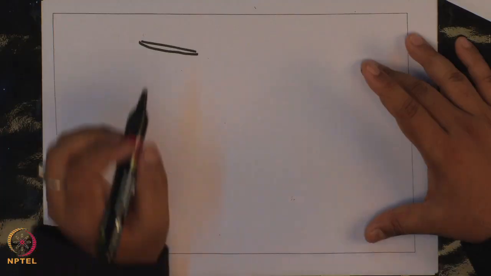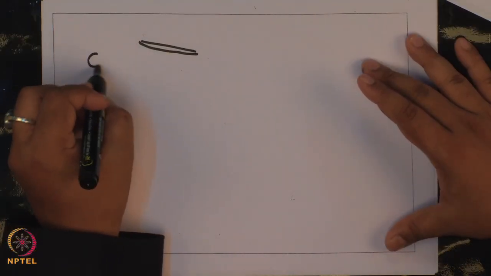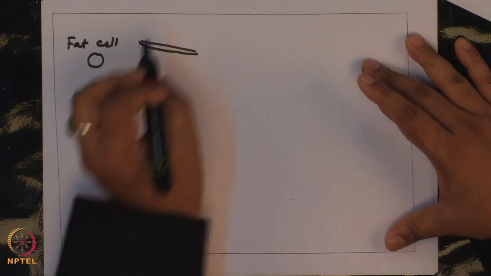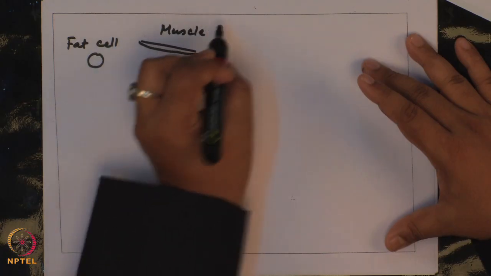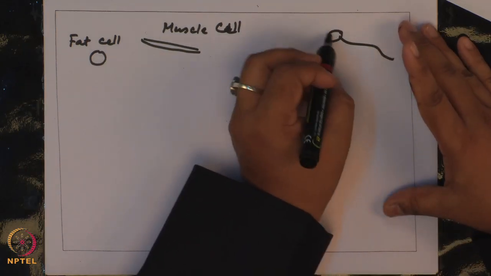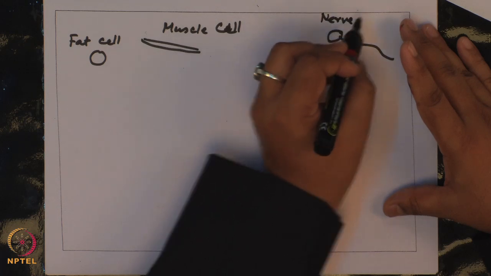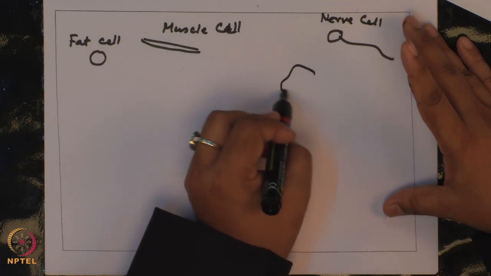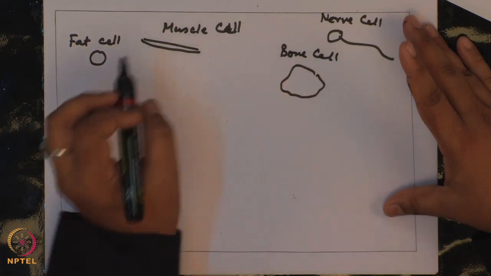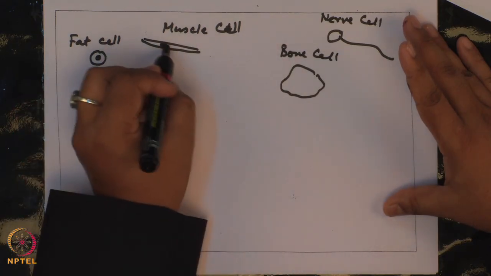Now, typically if you look at all these different cell types, a muscle cell is more elongated. A fat cell has this shape, a muscle cell, a nerve cell, versus a bone cell, where you have the nuclei at the center.